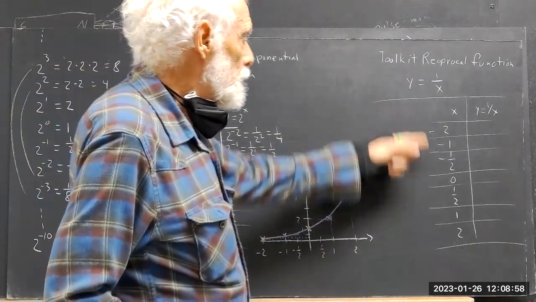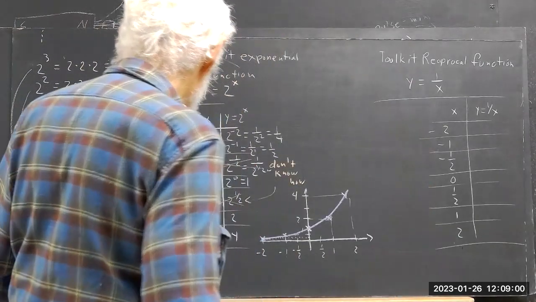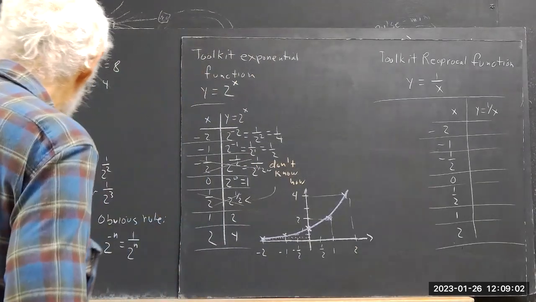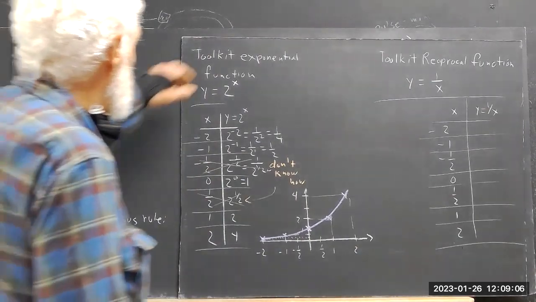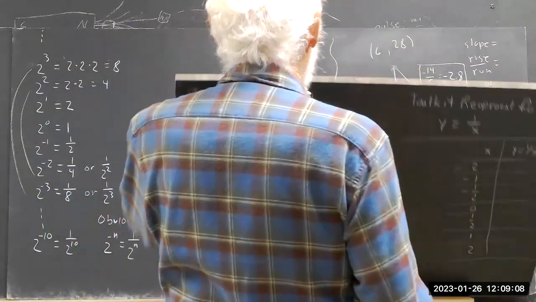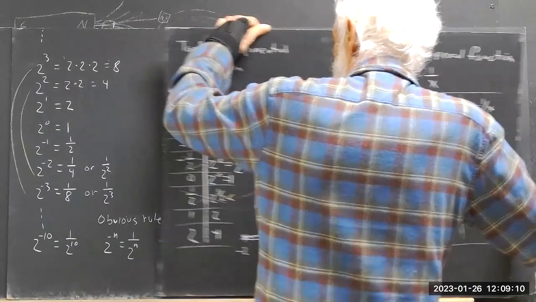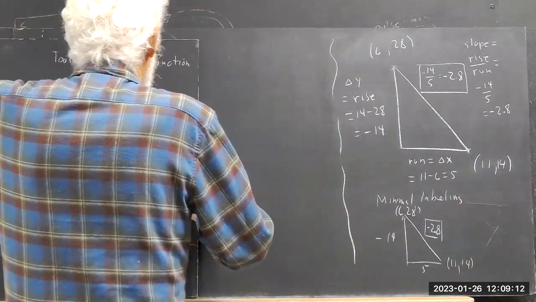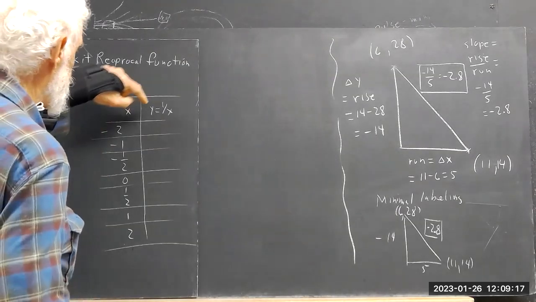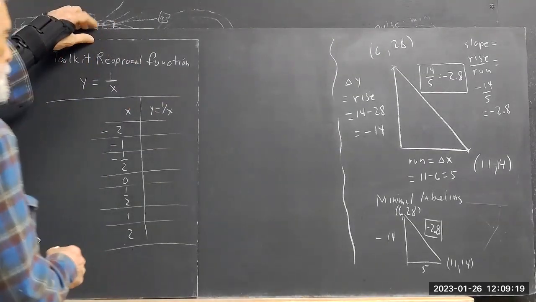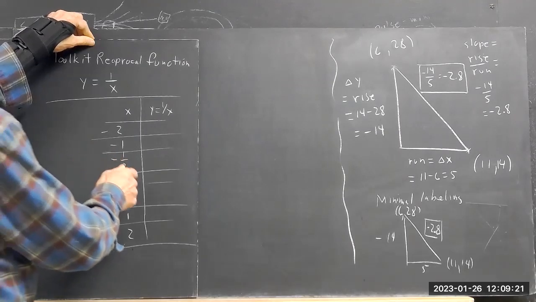Okay. Now, what about the reciprocal function? As usual, fractions are an issue. Okay, so y equals 1 over x, okay?